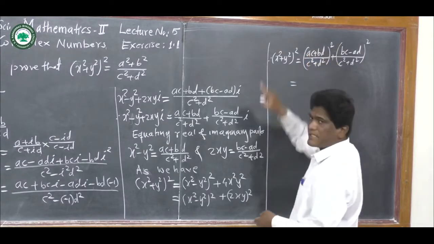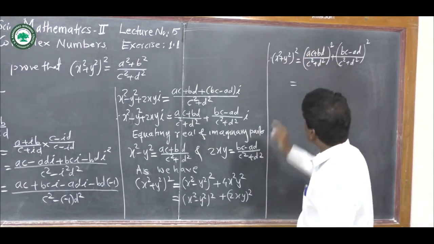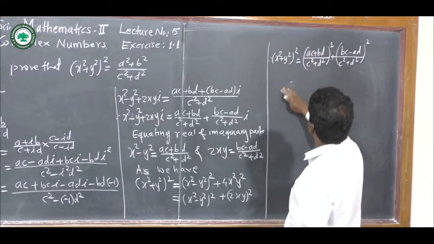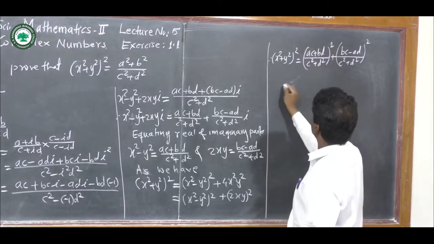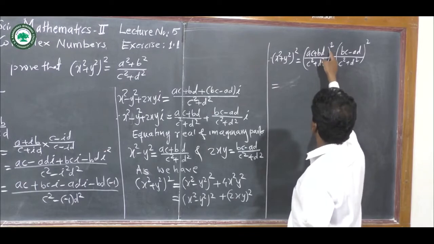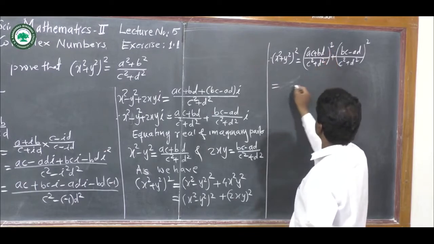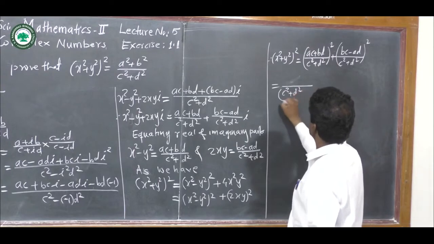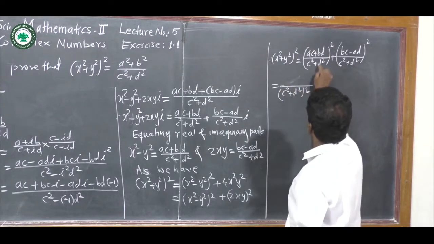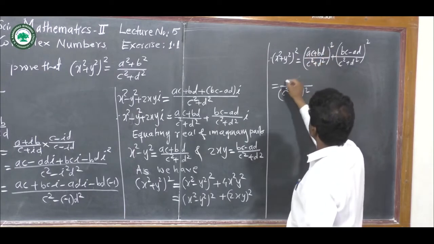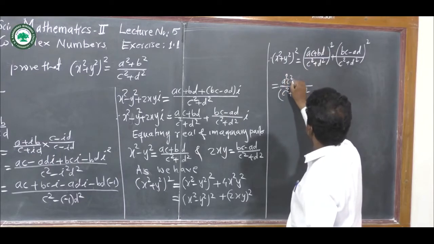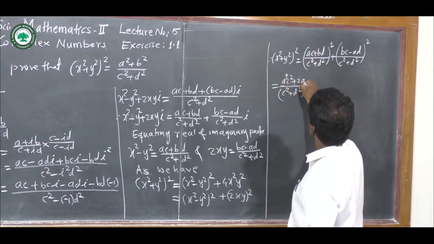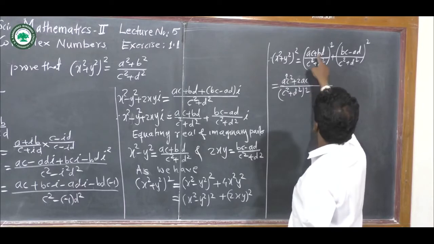So we get here (AC plus BD) bracket square. We take the numerator square using the formula (A plus B) bracket square. We take here direct expansion. Here numerator square upon denominator square. In the denominator here (c square plus d square) bracket square. And now we expand directly this. This is a square c square plus 2 times AC BD plus here b square d square.